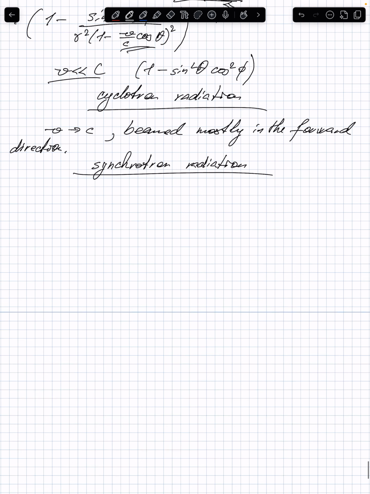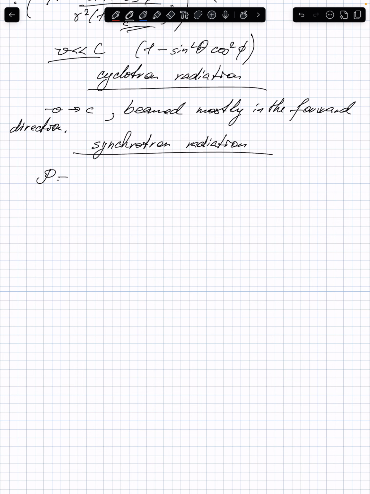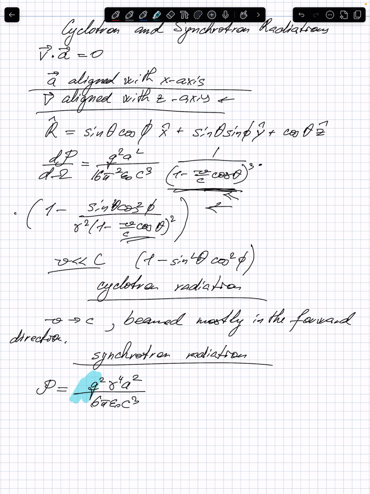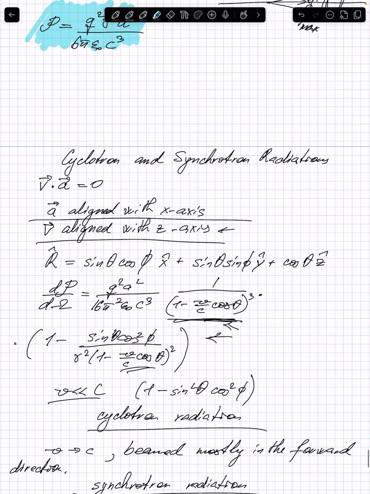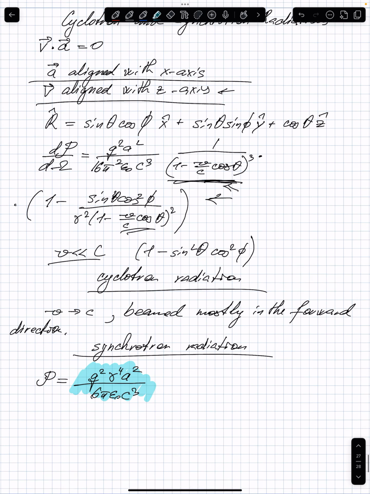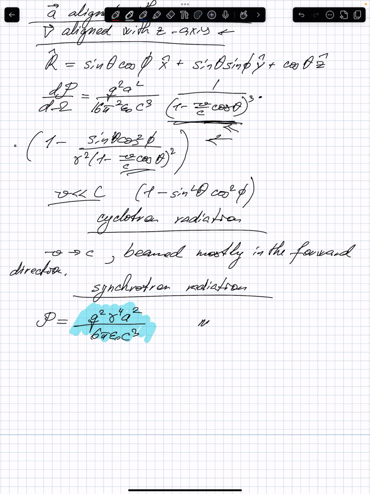In this case, this radiation is referred to as synchrotron radiation, and the total power emitted in this case is given by q squared gamma to the 4 a squared divided by 6 pi epsilon 0 c cubed. As a matter of fact, if you compare this expression that we got previously for the Bremsstrahlung and for the synchrotron radiation, they're almost the same, but note that the number of gamma factors is different compared to Bremsstrahlung.